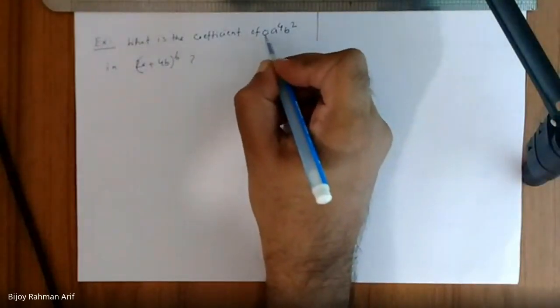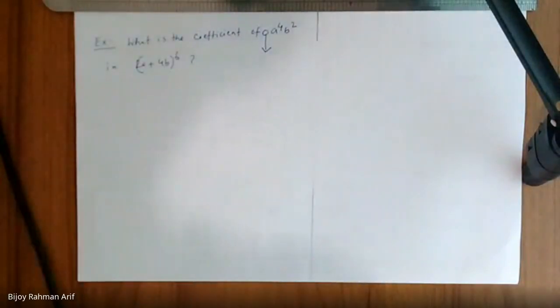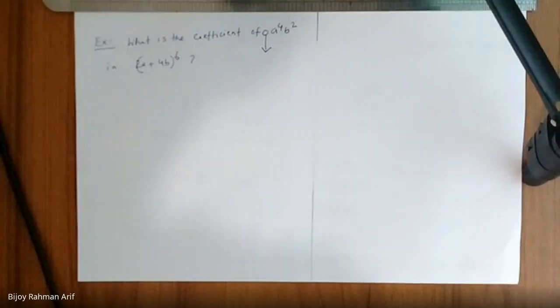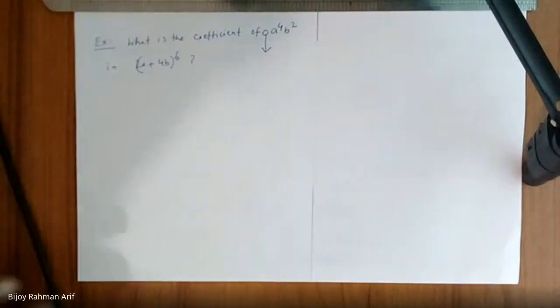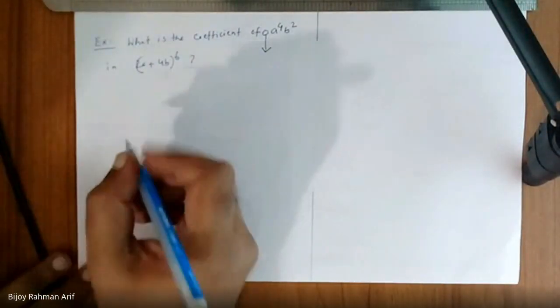The coefficient of 6C4, then times 2 to the power 4, times 4 to the power 2. Good. You understand.